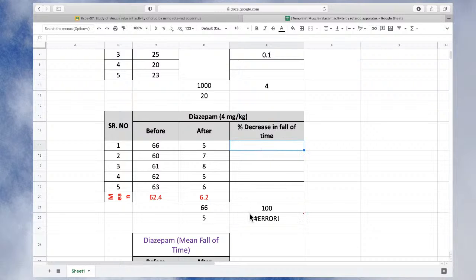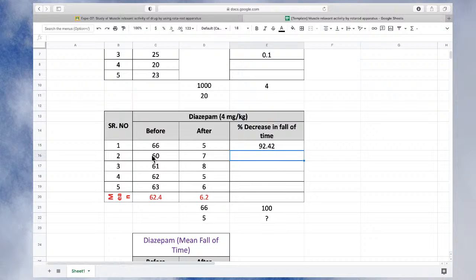Remember, whenever you calculate percentage decrease in activity, you need to subtract the cross multiplication result from 100. So I am doing this as 100 minus the after treatment reading multiplied by 100 divided by 66. So I will get a reading of 92.42.